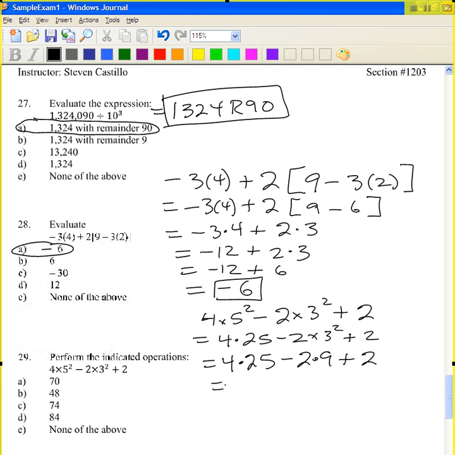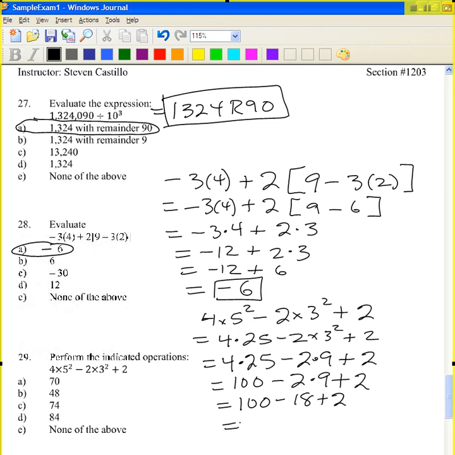I have multiplication, subtraction, multiplication, addition. I do the multiplication first. I have a tie, so I go left to right. 4 times 25 is 100. Next, subtraction, multiplication, addition. So I do the multiplication first. 2 times 9, 18.